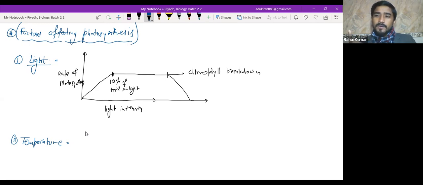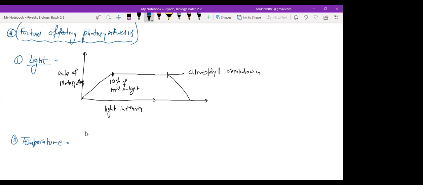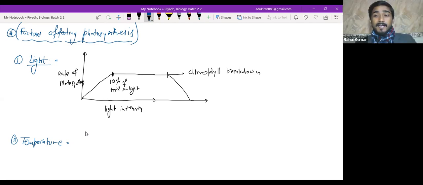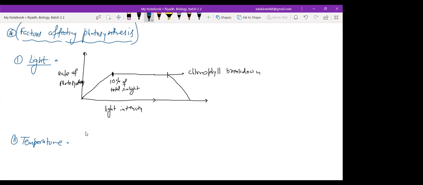And finally it goes into NADP+ to become NADPH. But in the dark reactions, also called carbonic reactions or biosynthetic reactions, there we have enzymes like rubisco and PEP carboxylase playing an important part, right? So it affects the dark reaction.